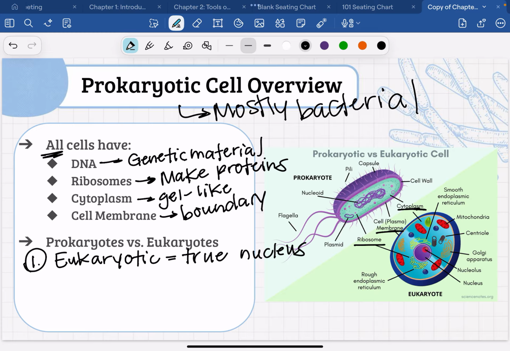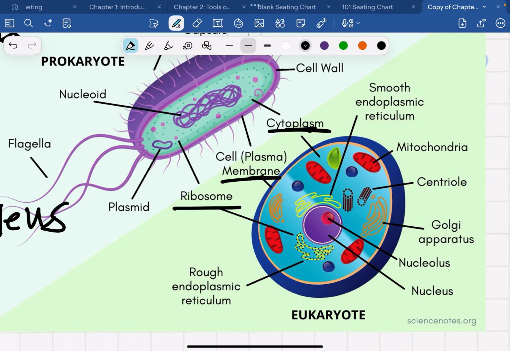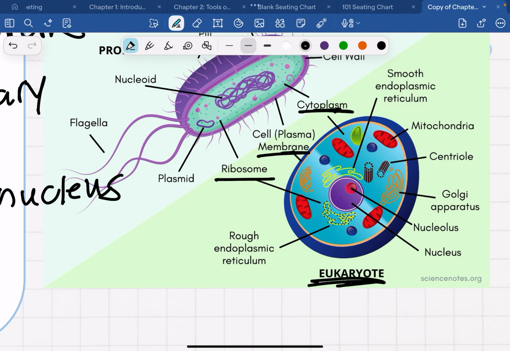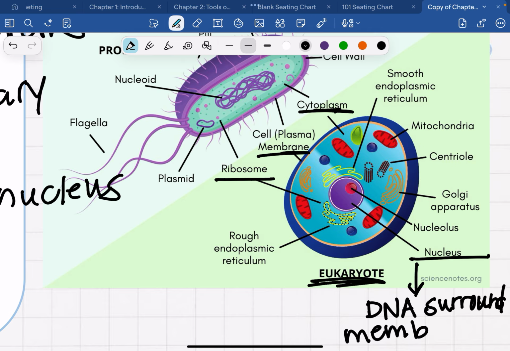And what a true nucleus is, and you can see it kind of labeled down here on this eukaryotic cell, this nucleus is where the DNA is, and it is surrounded by a membrane.